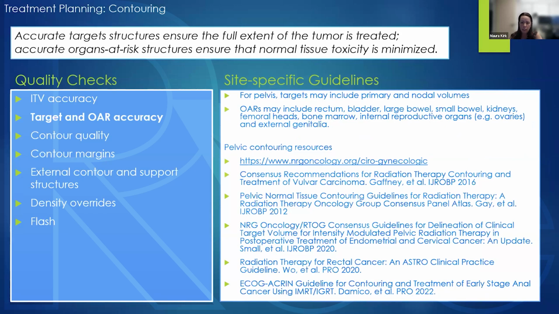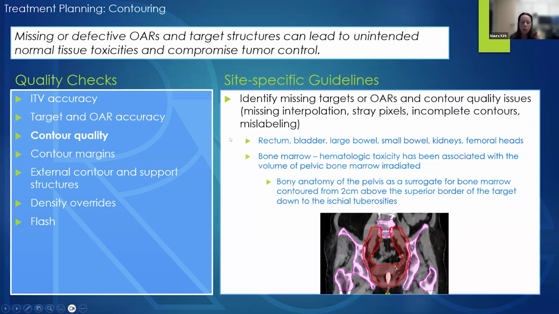So I've listed here some atlases and some specific recommendations based on the disease site. When you're evaluating plan quality, you want to identify any missing targets or OARs and any contouring issues that may affect your optimization or estimate of doses. So again, we're looking for the rectum, bladder, the bowel, kidneys, femoral heads.